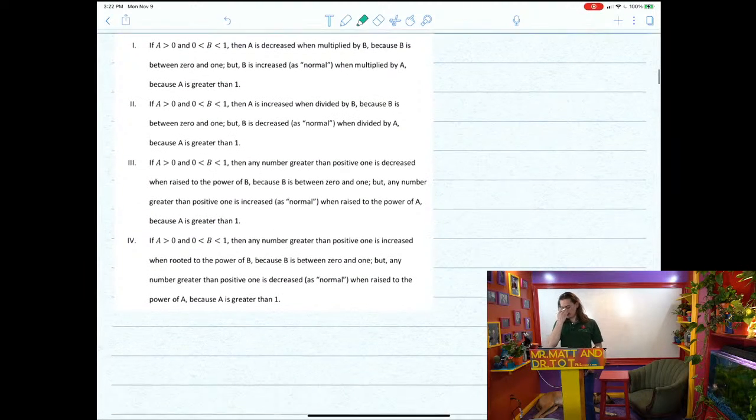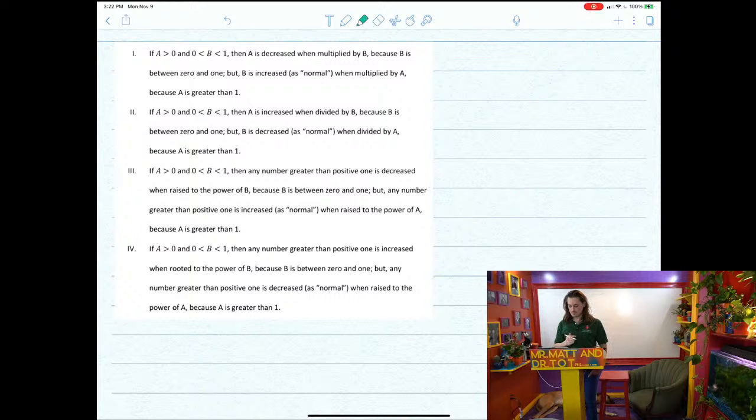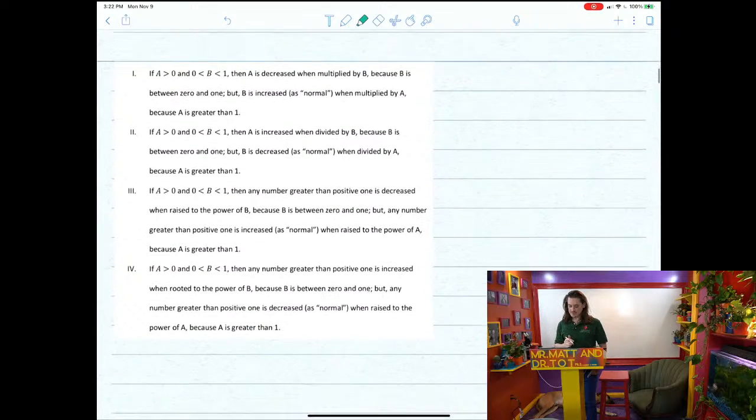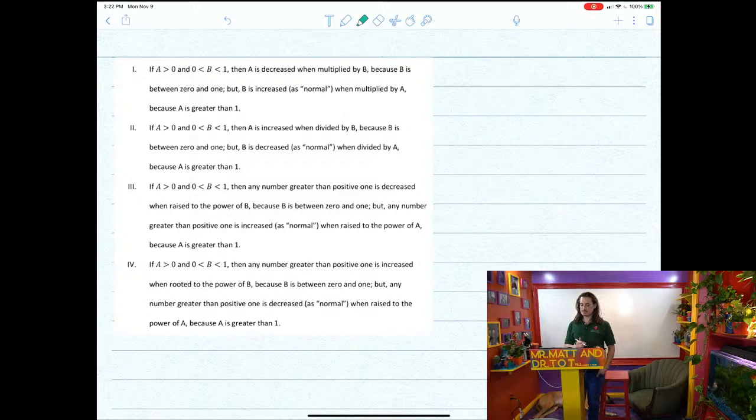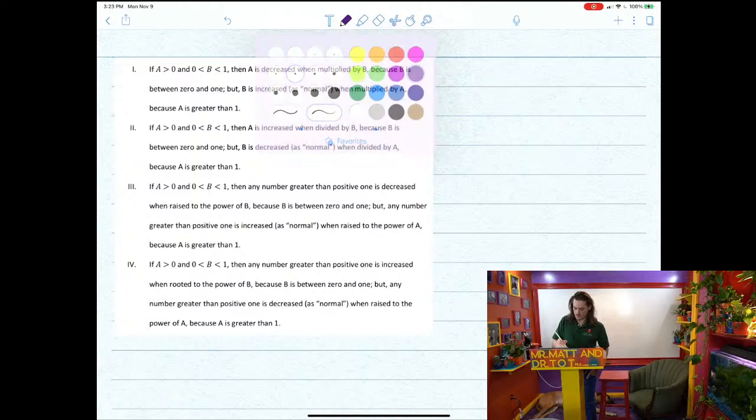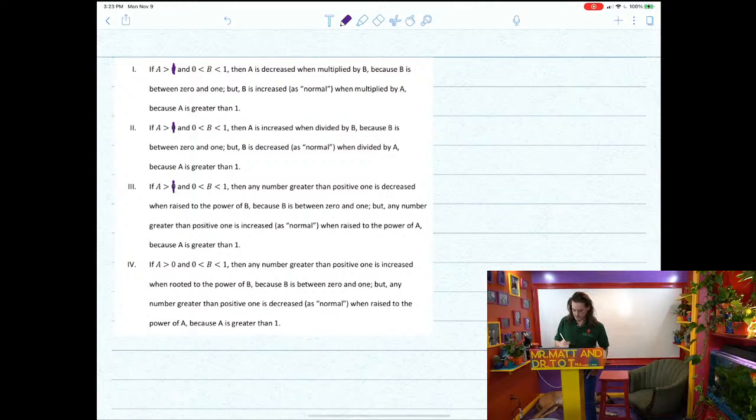I also have a few examples here. If A is greater than 1 and B is in between 0 and 1, and let's say A greater than 1 just to be absolutely distinct, then A is decreased when multiplied by B, because B is between 0 and 1, but B is increased as we would normally expect when multiplied by A, because A is greater than 1.